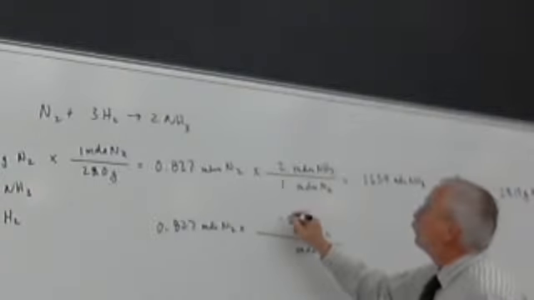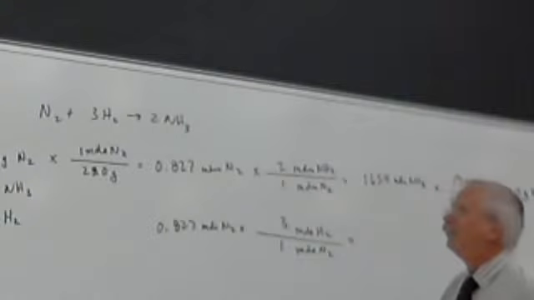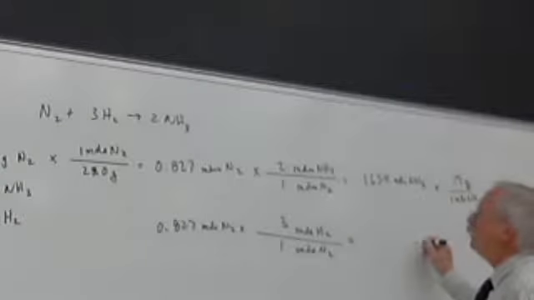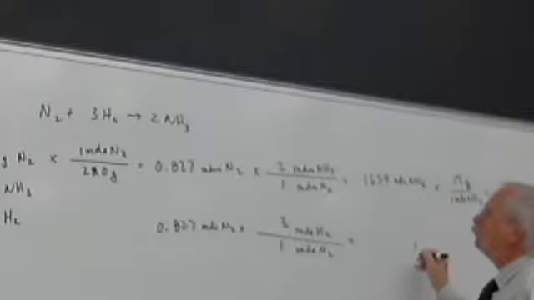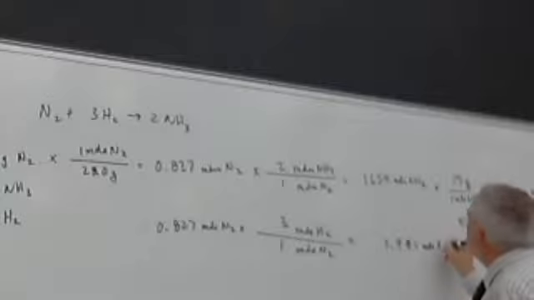And what are they? 3 to 1. Doing that, we get 2.48 moles of hydrogen.